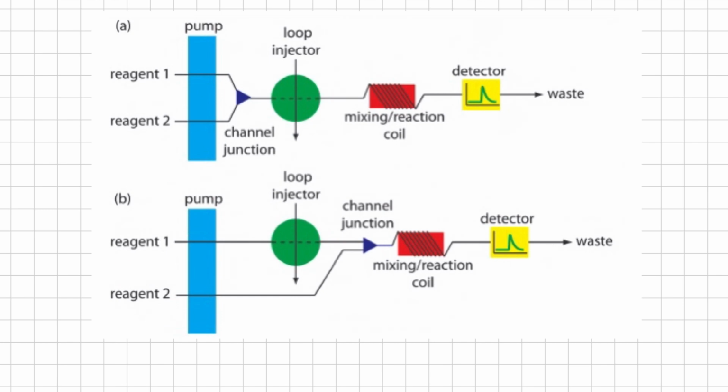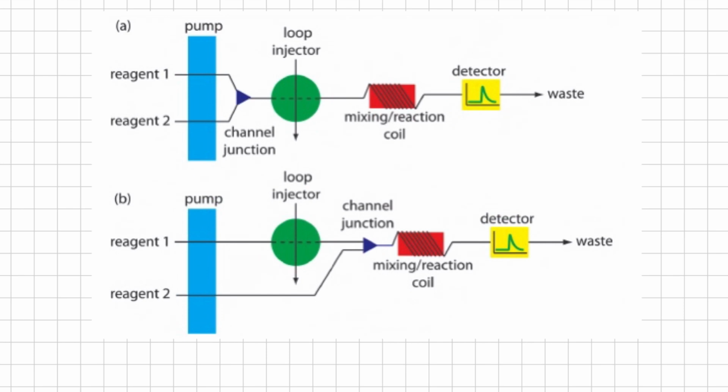So if we see here, first reagent 1 is pushed and it is directly mixed with our sample, whereas reagent 2 is then reacted or mixed with the product of reagent 1 and the sample. So here the reaction happens, and then we feed this to the detector to record the detector's response.